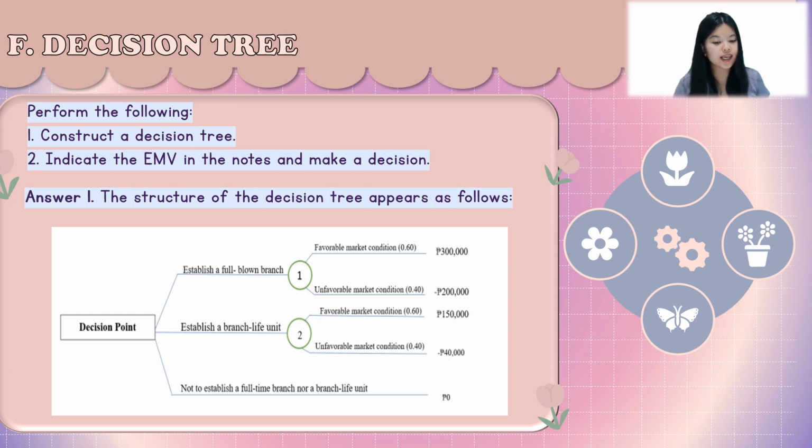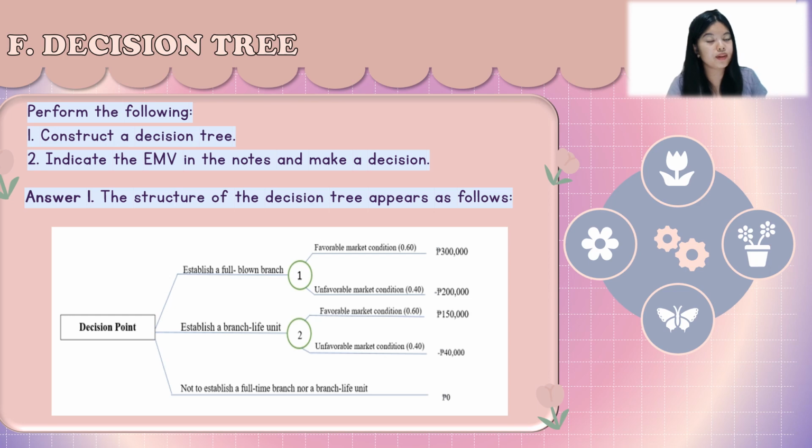So, as you can see in this illustration, meron tayong amount in the right side. These amounts are called the payoff. Tinatawag siyang payoff because it is already given and nakalagay ito sa ating illustration kanina. And then, the 0.60 and the 0.40 is what we call the probabilities. Don't worry kasi ang probabilities ay given na at hindi na natin kailangan hanapin.